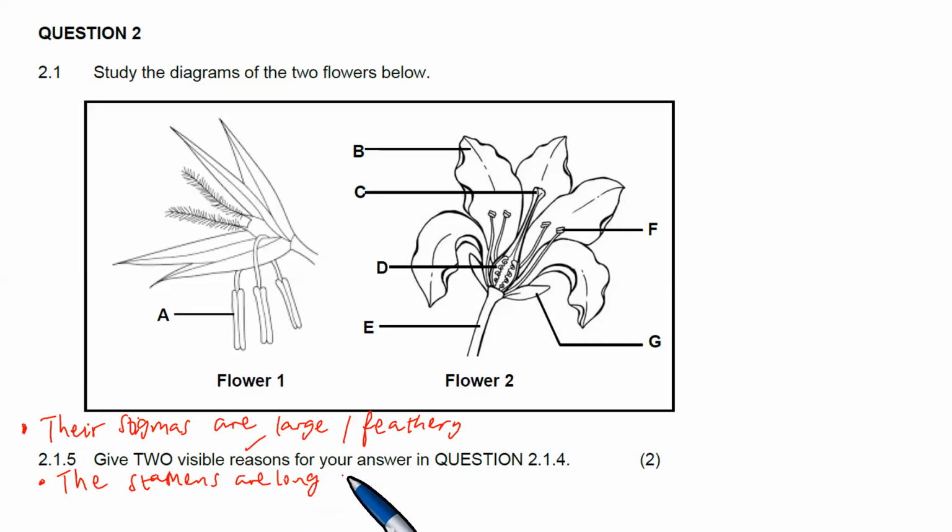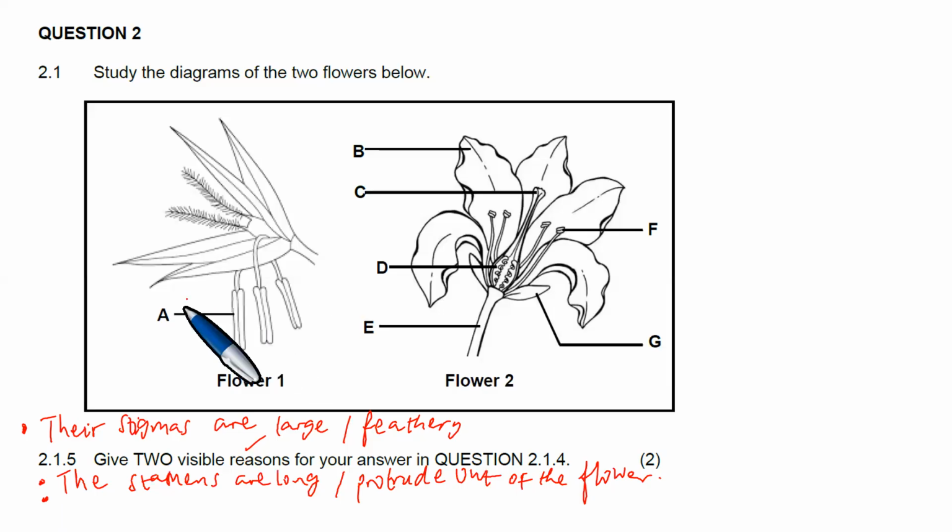The stamens are long, or they happen to protrude out of the flower, meaning they show out of the flower.